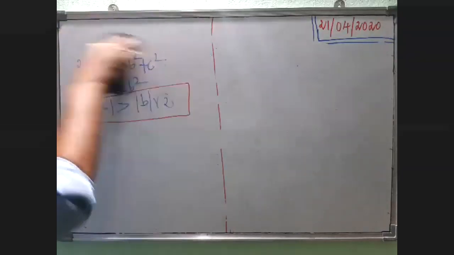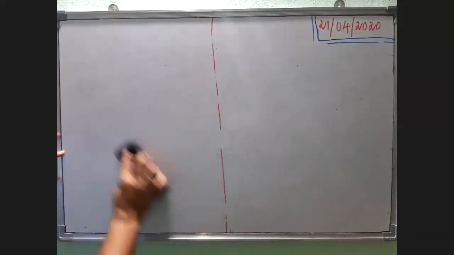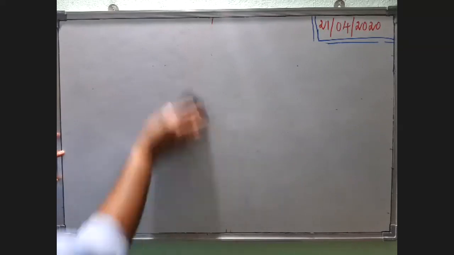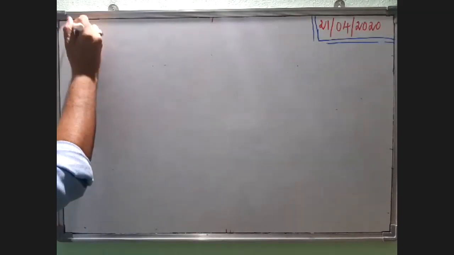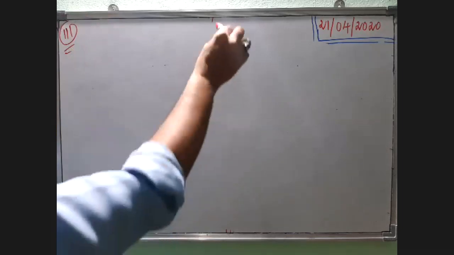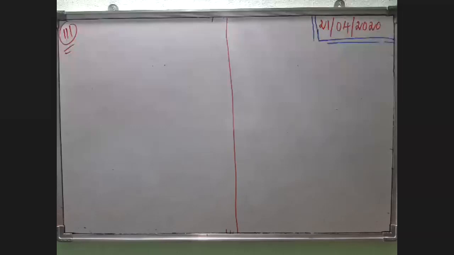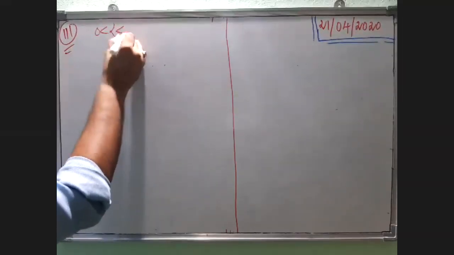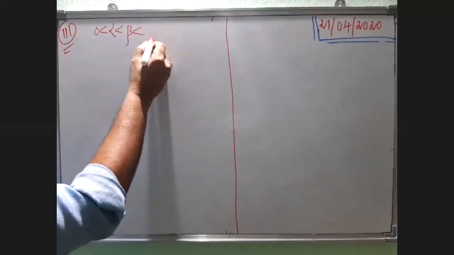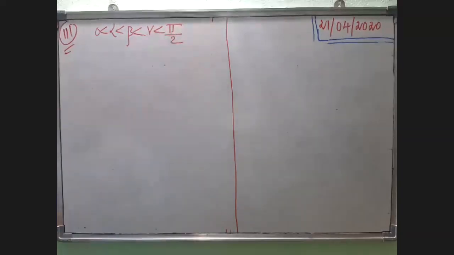111. Let us go to the 111 question. The question says, if 0 is less than alpha, less than beta, less than gamma, less than pi by 2.